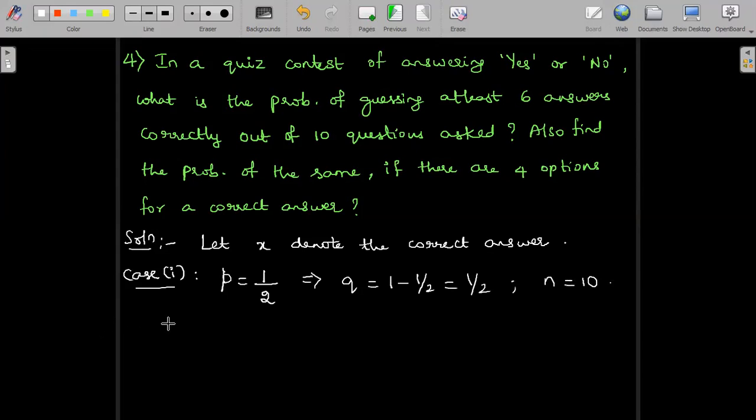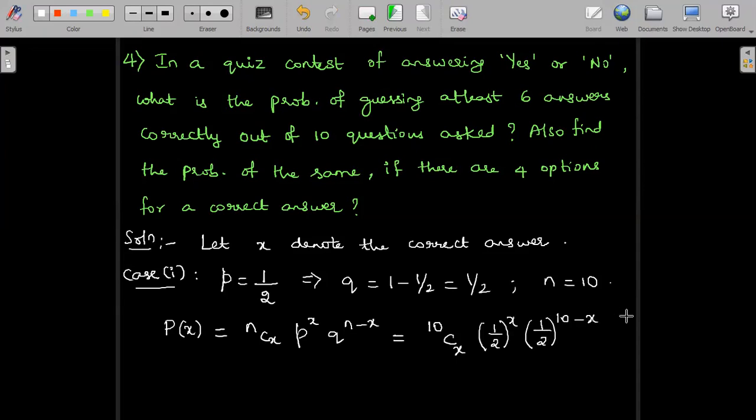In the binomial distribution, we are substituting P of X is equal to nCx, P power X, Q power n minus x. So substituting all the known notations, n is 10, so 10Cx, P is half, so half power X into Q is also half power, n minus x is 10 minus X.